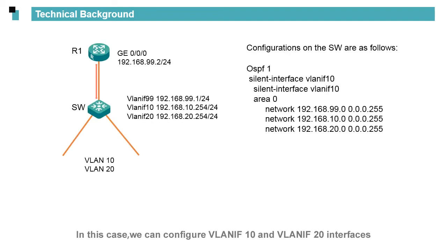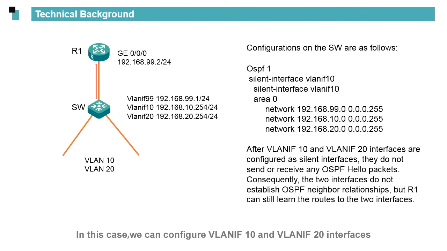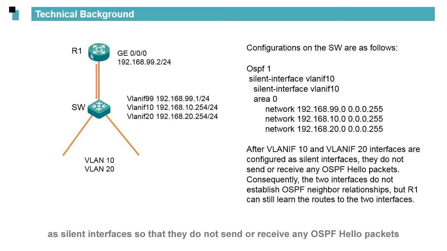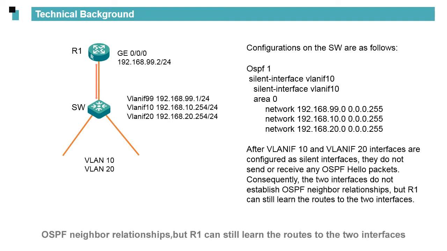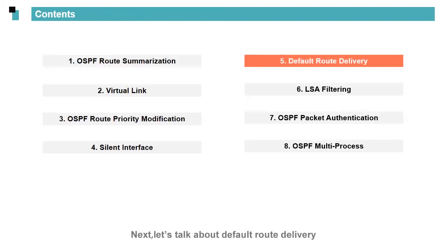In this case, we can configure VLAN IF10 and VLAN IF20 interfaces as silent interfaces so that they do not send or receive any OSPF hello packets. Consequently, the two interfaces do not establish OSPF neighbor relationships, but R1 can still learn the routes to the two interfaces. Next, let's talk about default route delivery.